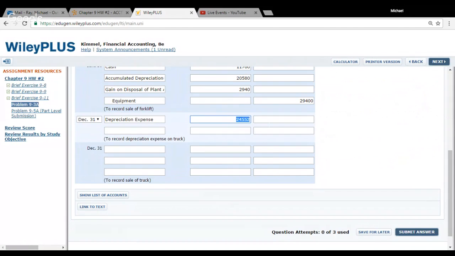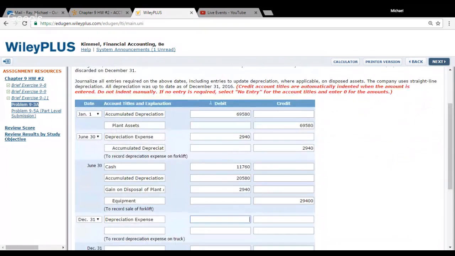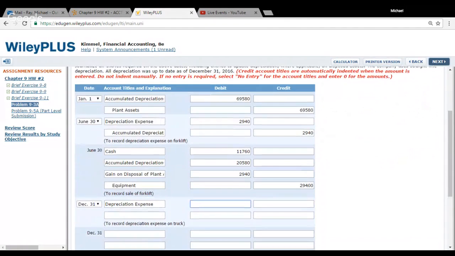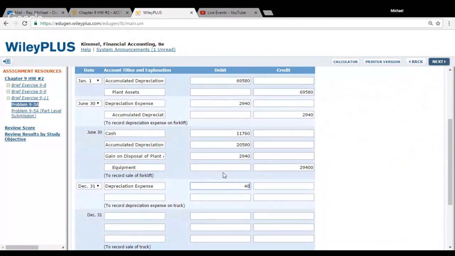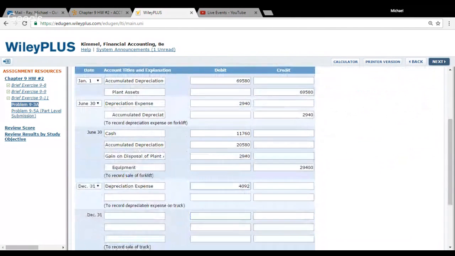Actually, sorry, that's not correct, because we are all up to date on our depreciation. So we're actually just going to go with that first number, 4,092, since we're only doing the depreciation expense for this year and not for the previous years. Later on, when we're doing the next category here, we'll add in the full 6 years.